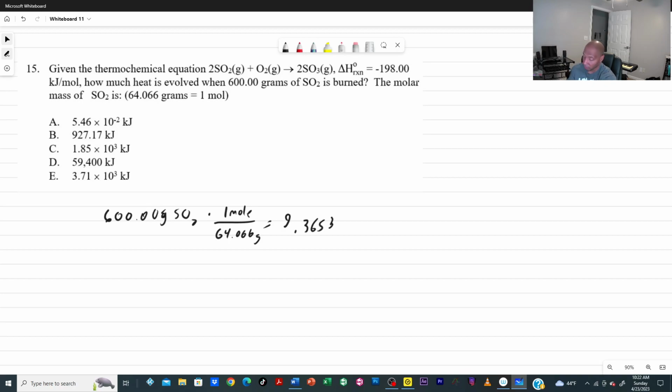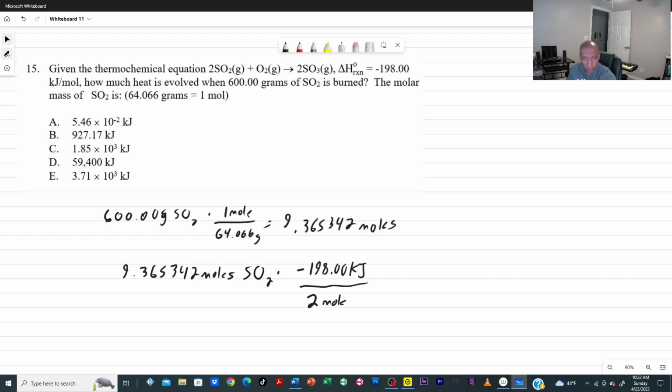And that's going to be 600 divided by 64.066. And that's going to give me 9.365342 moles. Notice that I use a lot of significant digits, and I encourage you guys to do that too. Don't round prematurely.